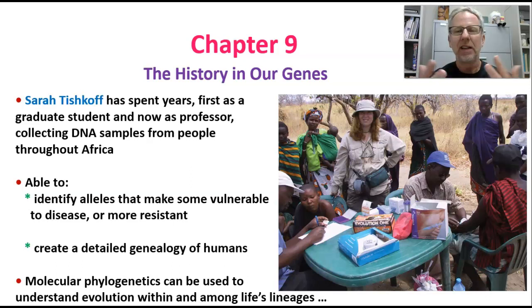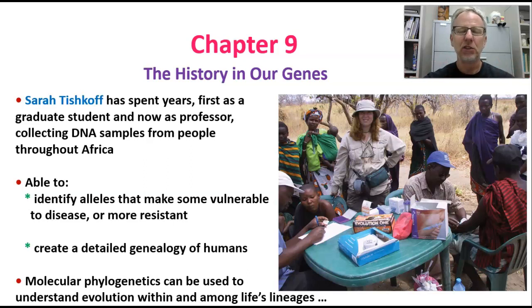By looking at the DNA of many thousands of individuals, she's able to identify alleles that make some individuals more vulnerable to diseases. And she's able to create a detailed genealogy of humans, looking at the history of our own species, within our species.